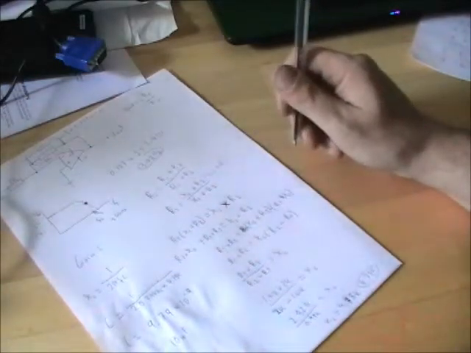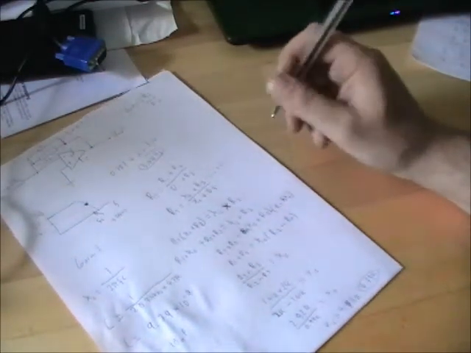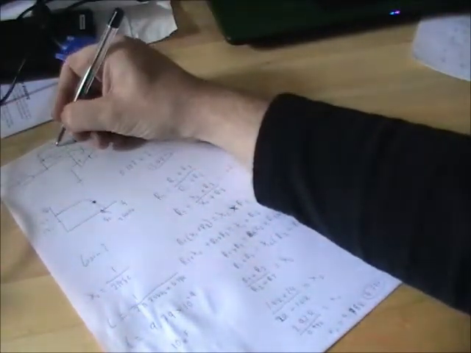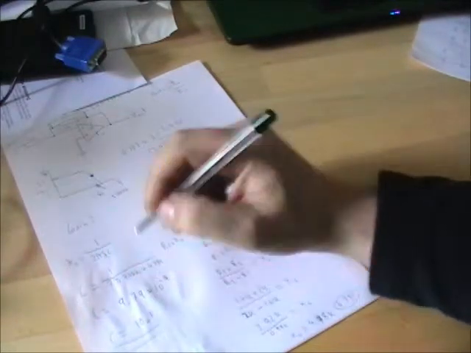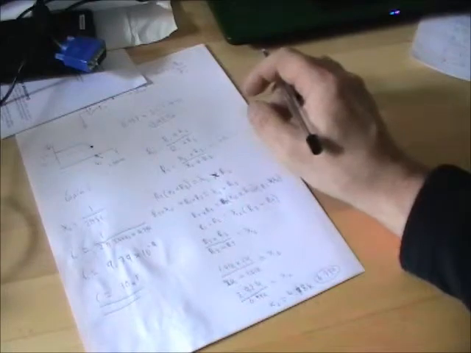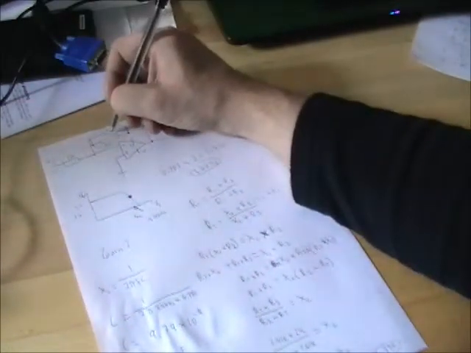Yeah, this is correct. 10 micro, nano, pico. Okay, 10 nanofarad. So we take a 10 nanofarad capacitor, and that's what we have calculated here. I don't know whether you can see this. Just make sure. 10 nanofarad capacitor, which we would have to stick in here.